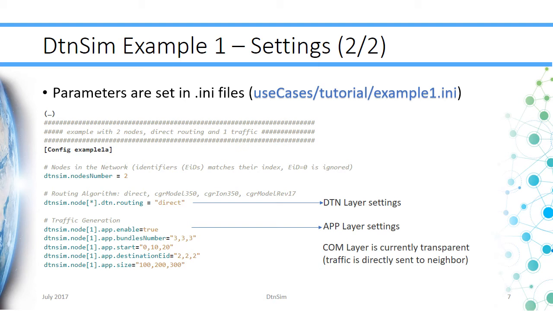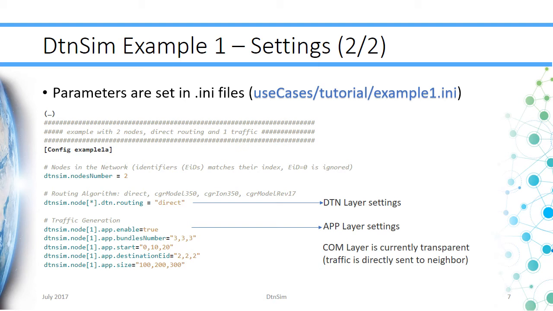So in these strings, what we configured is comma-separated strings, right? Where each element in between commas is a different traffic generator. For instance, in this case, we have 3 traffic generators. The first one generates 3 bundles at time 0 with destination 2 and with size 100.